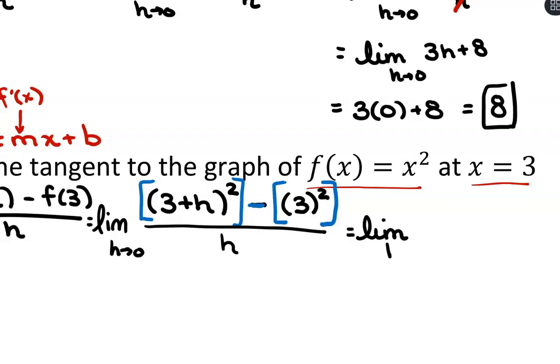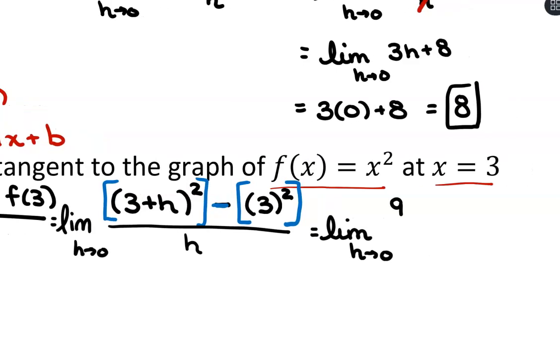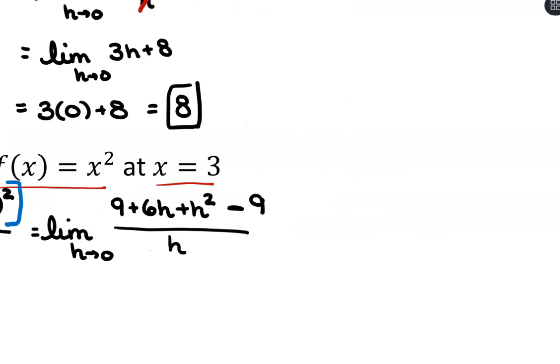So the limit as h approaches 0, foiling out 3 plus h squared will give us a 9 plus 6h plus h squared. And then we have subtraction of 3 squared, which is 9, all over h.